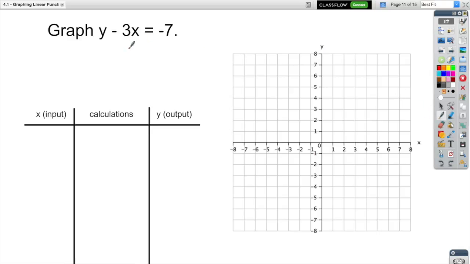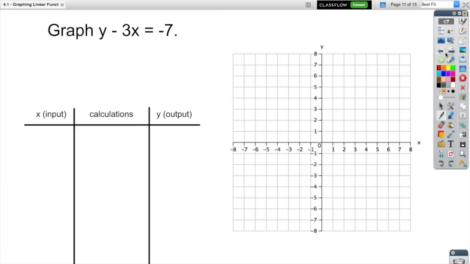Take a look at this one. We would like to graph the linear equation y minus 3x equals negative 7. Now, take a look and notice how this is a little bit different from the rest. And think to yourself, well, what do you notice? Well, to me, what I notice is something we did back in chapter 1, which is that this is not set up to spit out y as an answer.